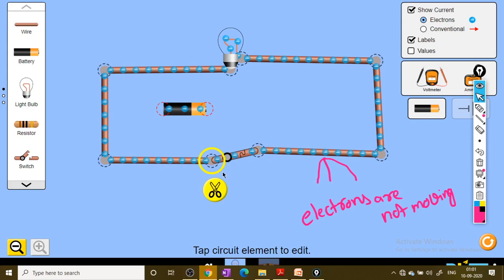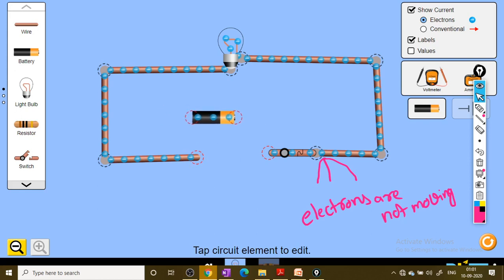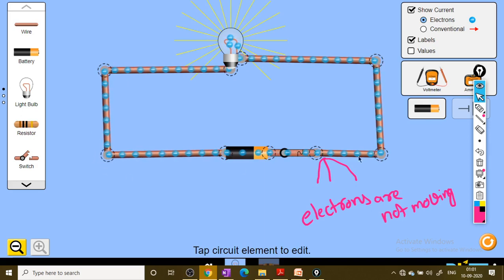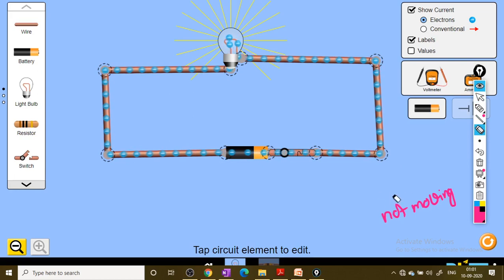Now what makes the electrons move? Suppose I cut here and join in this, the very important thing here, this is known as a cell. Now you see electrons are moving. When electrons move, that contributes current.